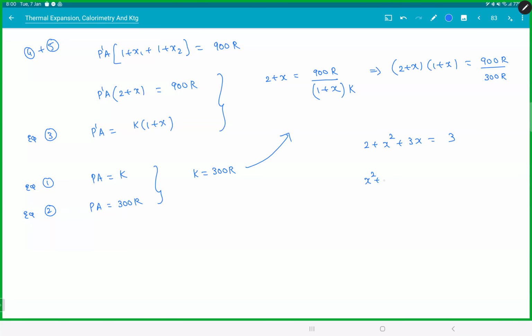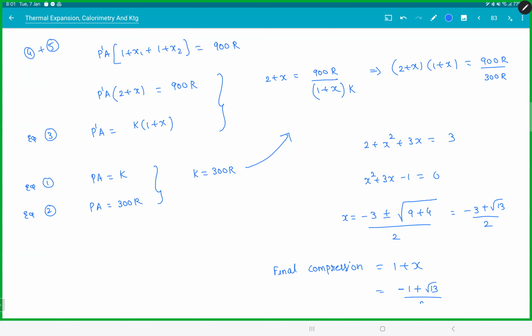X square plus 3X minus 1 is equal to 0. X is equal to minus 3 plus or minus root over 9 plus 4, by 2. Take the plus one: minus 3 plus root 13 by 2. So the final compression is 1 plus x. That would be minus 1 plus root 13 by 2.